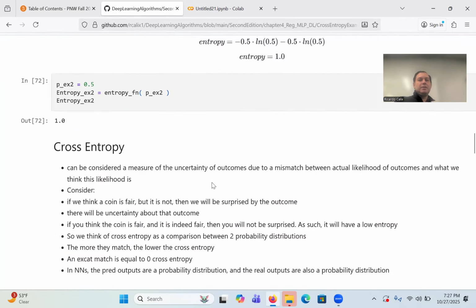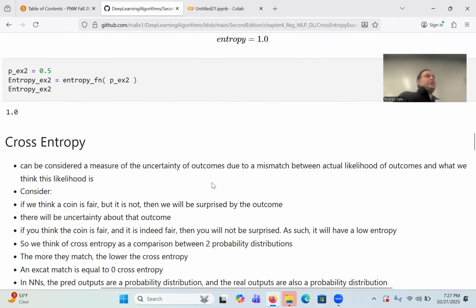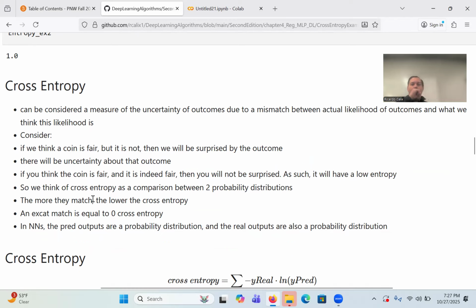So again, the key idea, cross entropy can be considered a measure of the uncertainty of outcomes due to a mismatch between actual likelihood of the outcome, the real labels, and what we think this likelihood is. Okay, so consider if we think a coin is fair, right? We think a coin is fair, but it is not, then we will be surprised by the outcome.